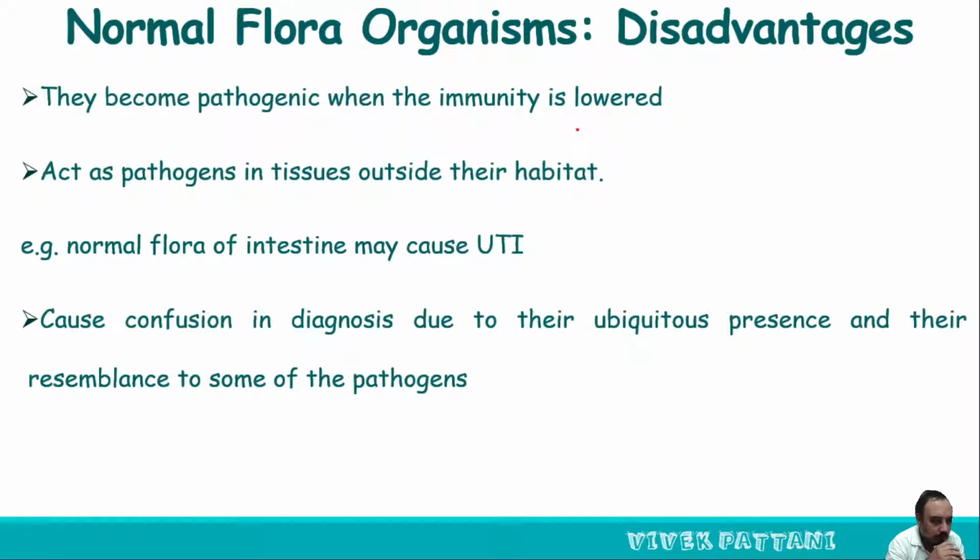Another example is that a normal flora of the intestine may cause urinary tract infections, which is a different system from the intestinal system, and cause confusion in diagnosis due to their ubiquitous presence and their resemblance to some of the pathogens. Sometimes there is a confusion in detection also.